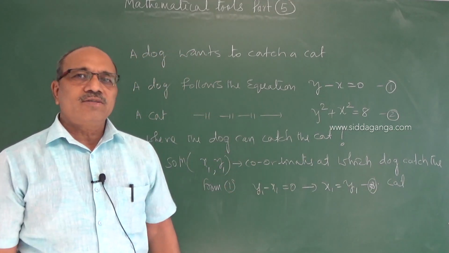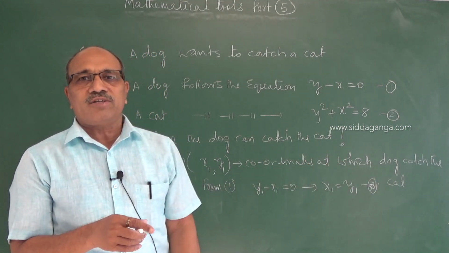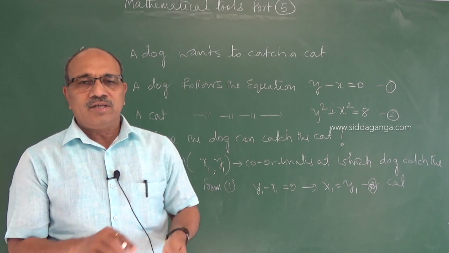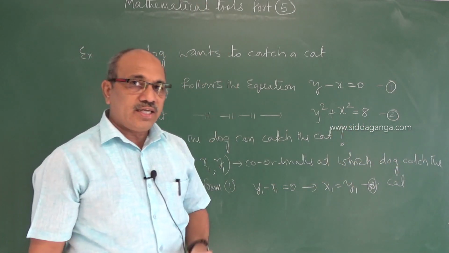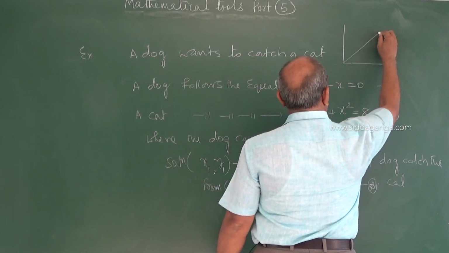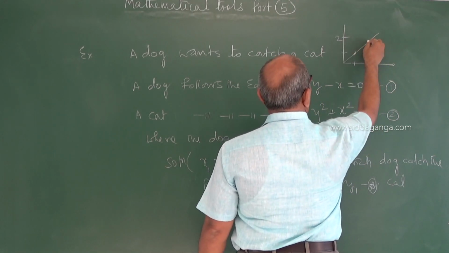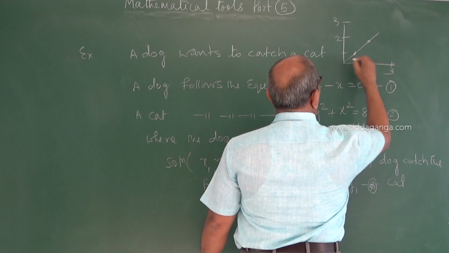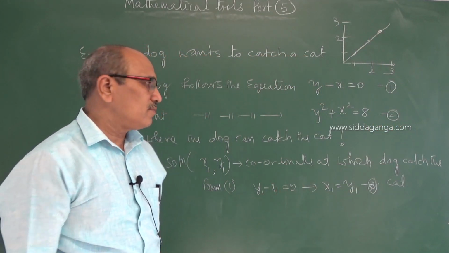It moves in two dimensions but with equal changes in x and y. If the dog moves 1 meter along x, it also moves 1 meter in y. When the dog moved 2 meter, y also moved by 2 meter. If I show graphically, the motion is like this, 1 here, 2 meter here, 3 meter, like that. It follows a straight line path, the dog path.